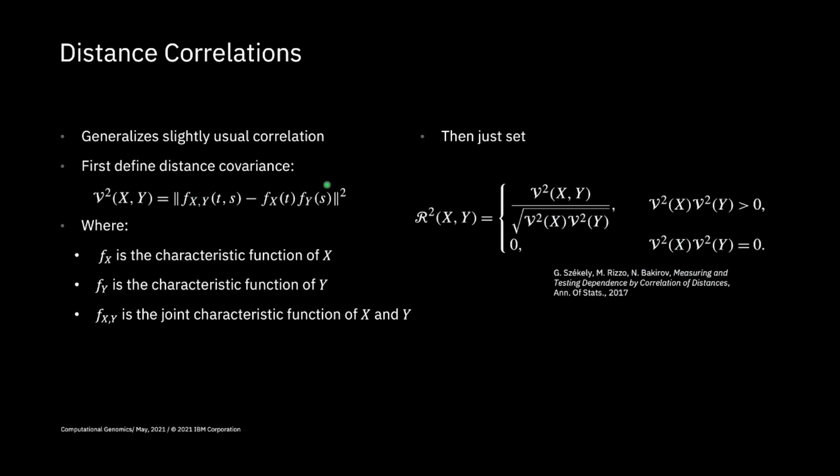Now, this norm is not exactly easy. You have to add a sort of scaling term in the integrand. And if you want to see the full formula, you can look at this paper. But once you have this, then you can define this distance correlation. Squared in this case.